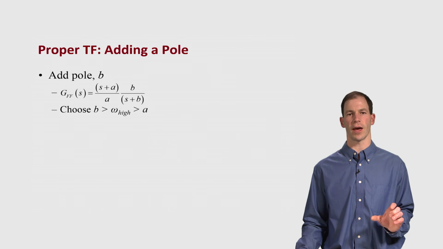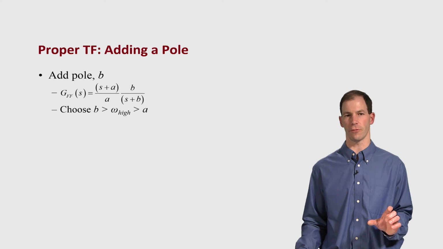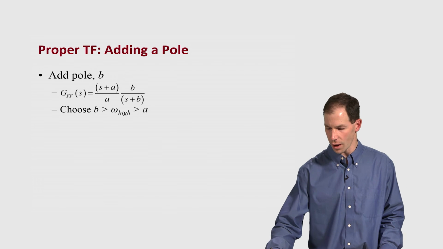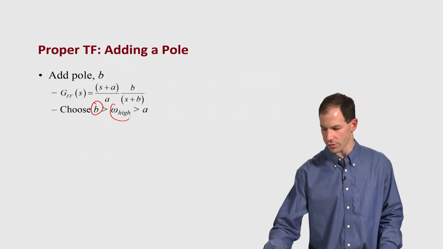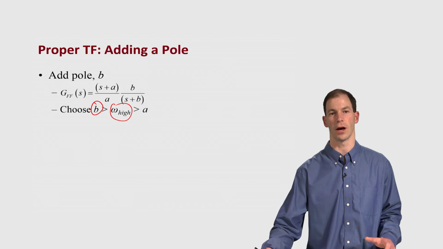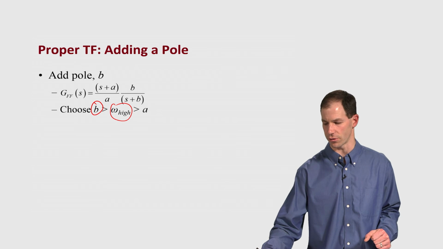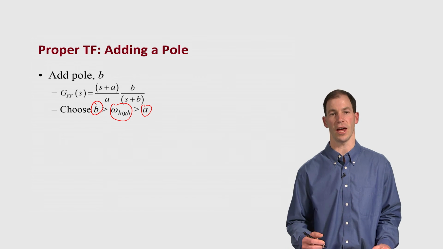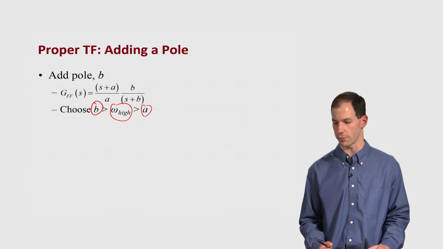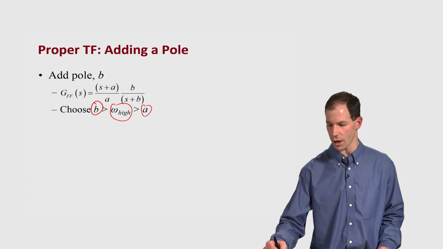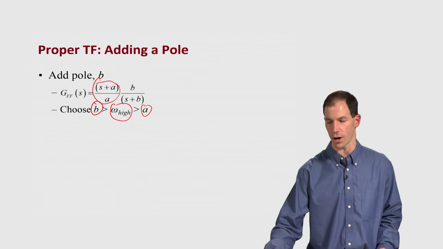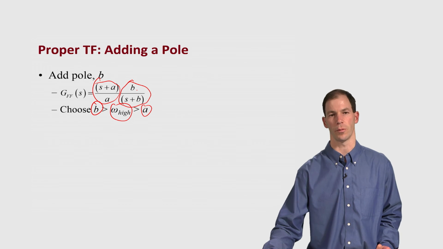What we're going to want to do is add what we call a fast pole, meaning a pole that has a value that is higher than the highest natural frequency where we want to be operating, or the highest frequency we want to be running our system. Certainly much greater than A of our original system. That's the objective. So now our feed-forward controller has that same (S plus A) over A term, and what I'm adding here is this B over (S plus B).